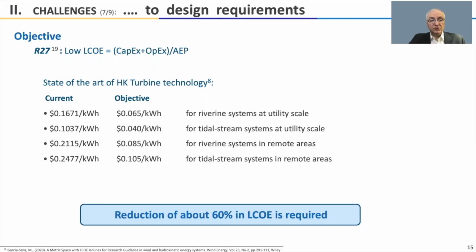For each one of those 4 scenarios, they have calculated also the objective levelized cost of energy. The bottom line from this slide is that we need to reduce the levelized cost of energy by 60% in order to have competitive technologies.